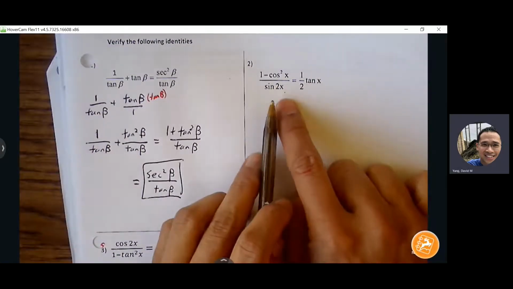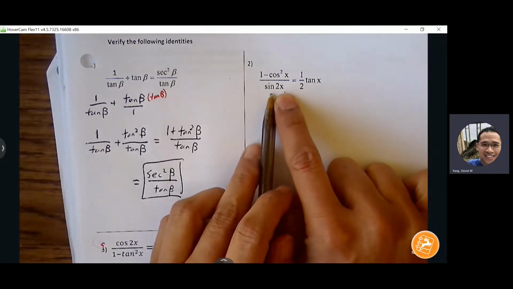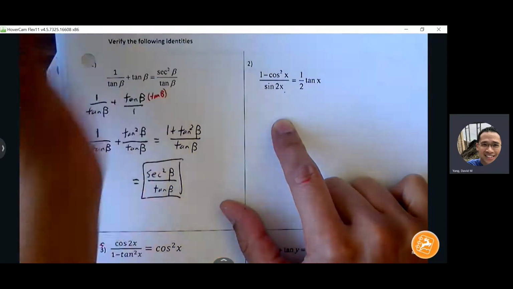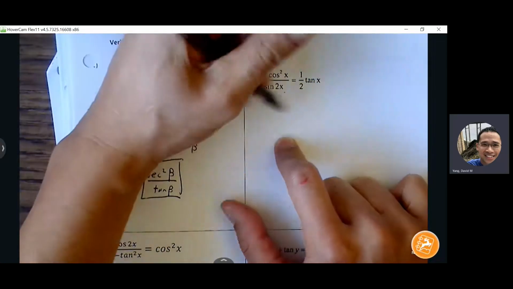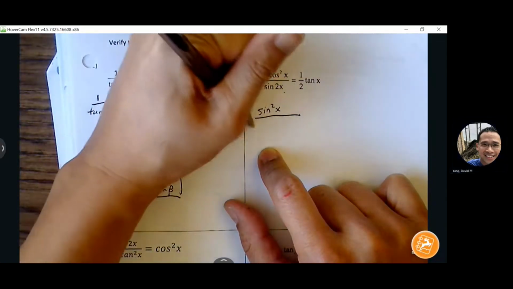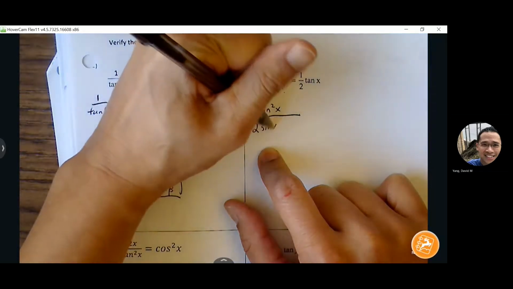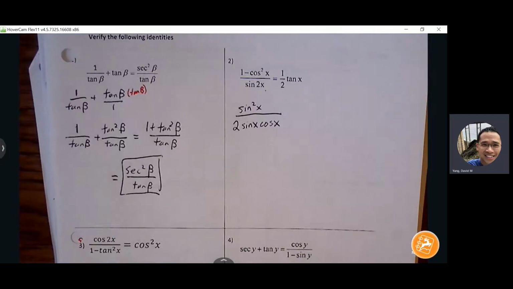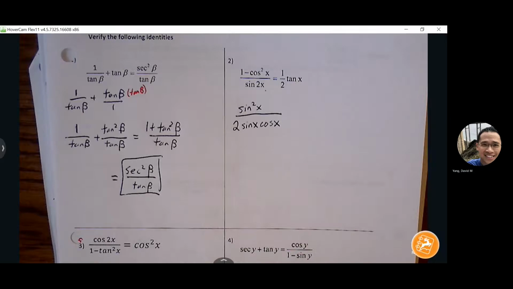Okay, so double angle: I know sine of 2 theta becomes 2 sine theta cosine theta. 1 minus cosine squared x becomes sine squared x. Okay, do some cleanup here.